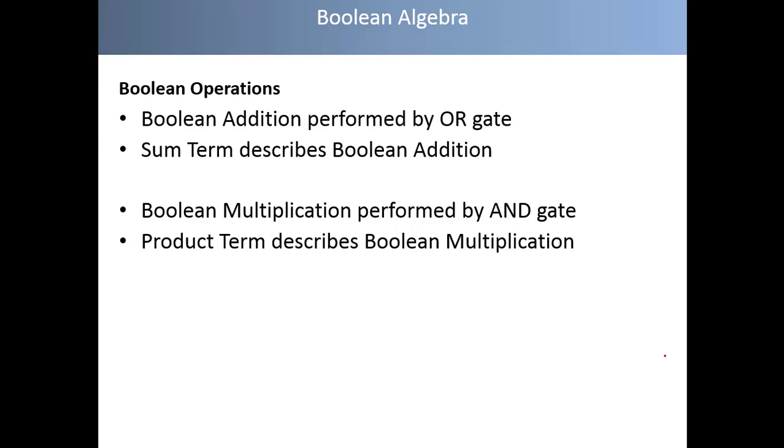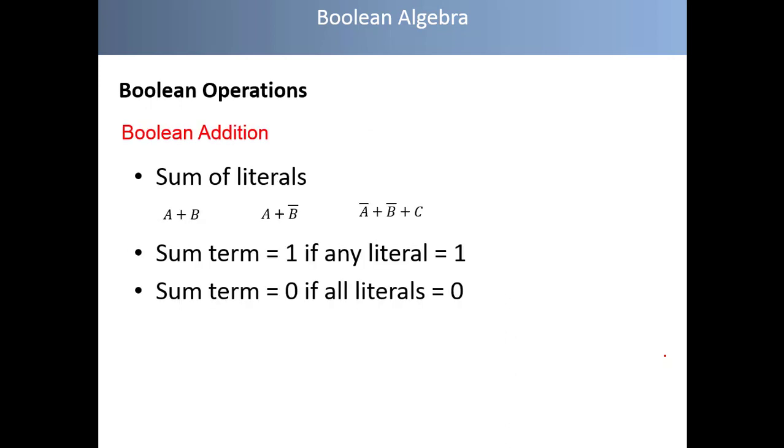Then we discussed Boolean operations, which are addition. Addition is normally represented by OR gate. OR gate describes Boolean addition, and Boolean multiplication is performed by AND gate. So Boolean addition is represented in the form of a sum of literals, a plus b complement, a complement plus b complement plus c, and so on.